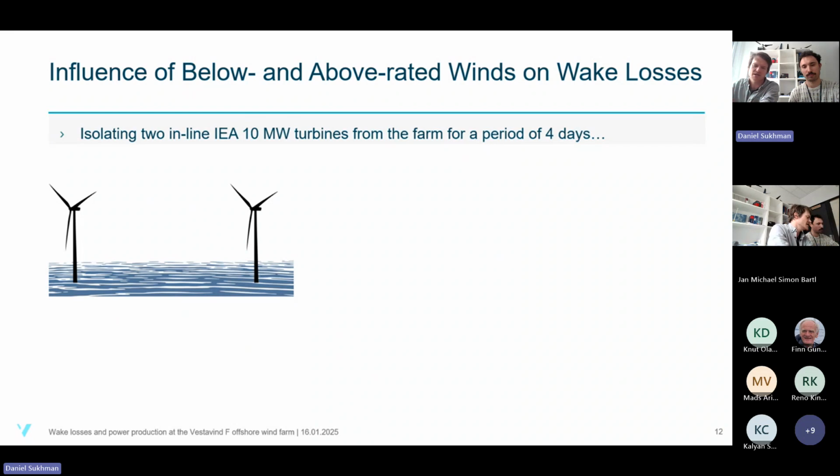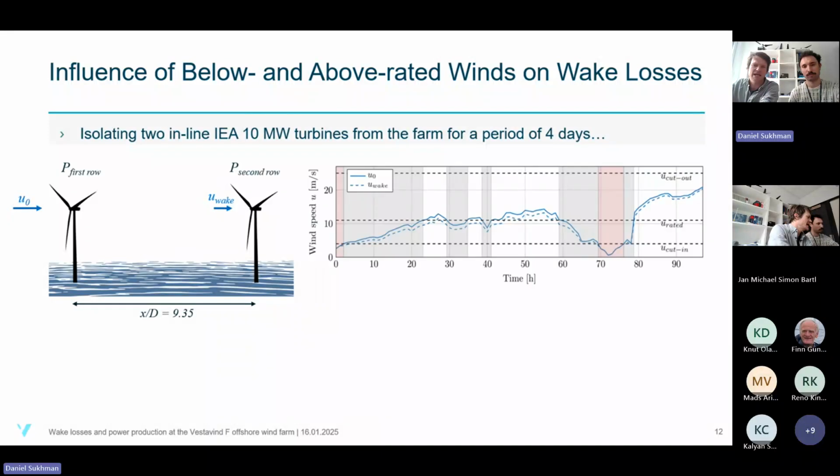So we just look at one wind direction where the wind hits the first turbine. They are separated by 9.35 diameters, and we have a reduced wake velocity, which is hitting the second turbine. So also for simplifying this, we analyzed a period of 4 days of wind. So that is 96 hours.